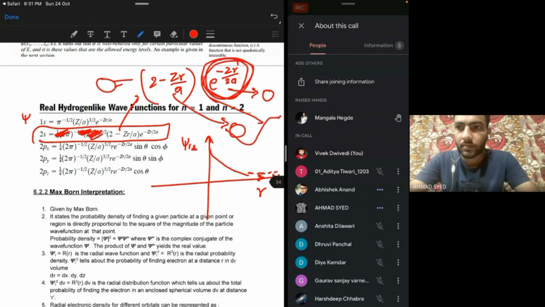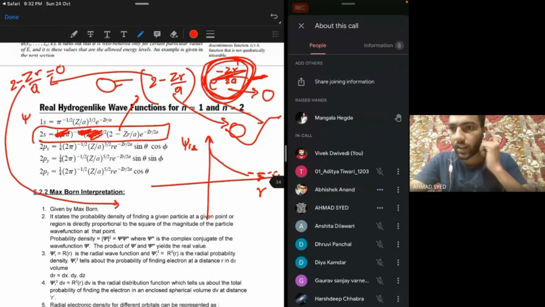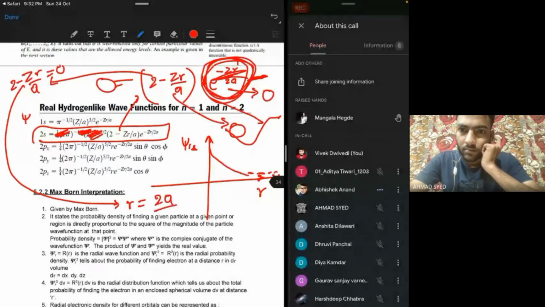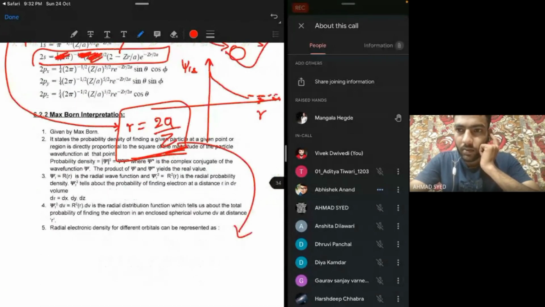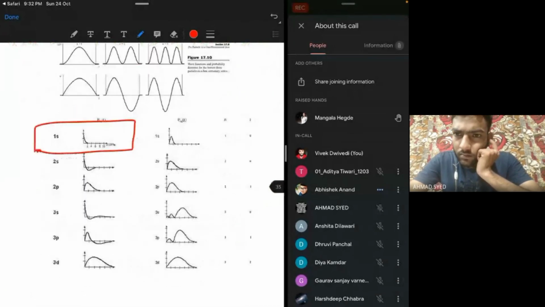The exponential can only become 0 at infinity. So it will become 0 only when 2 minus Zr upon a becomes 0. That is, r equals 2a by Z. That's it. So at this point, the graph will just cross the axis.